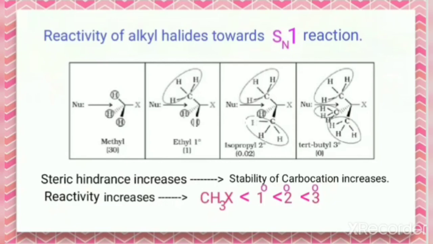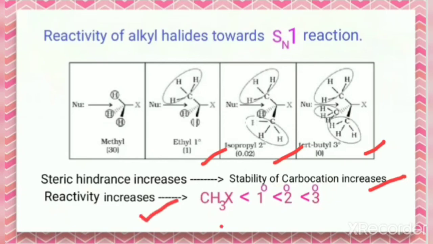Because as we have learned in the previous class, 3 degree carbocation is more stable than 2 degree, than 1 degree. In this there is formation of an intermediate, that is a carbocation. So the stability of the carbocation increases, therefore the reactivity also increases.